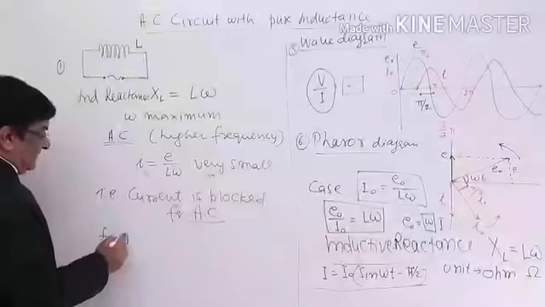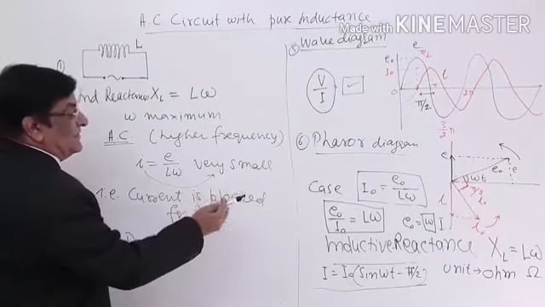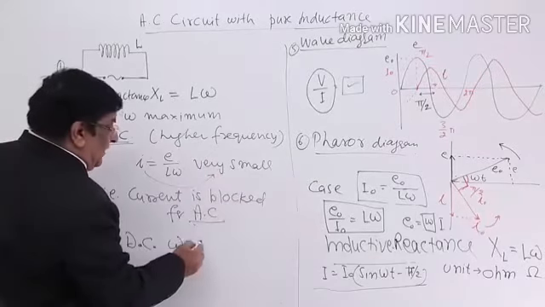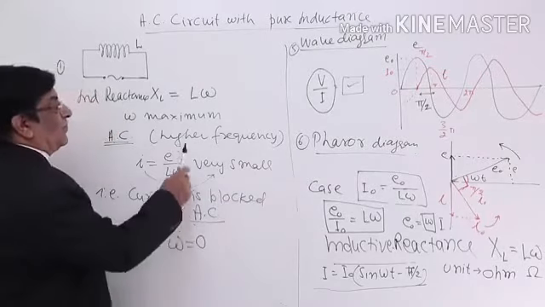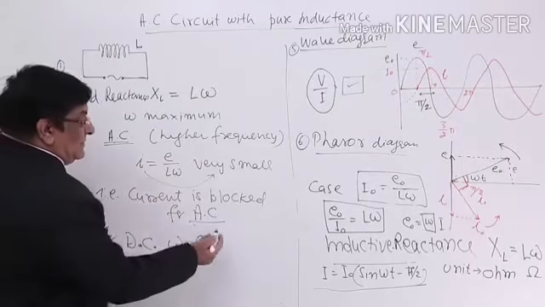For DC, omega: how many times does DC change its direction? Answer, it does not change, so omega is 0. If omega is 0, then what will be the current?